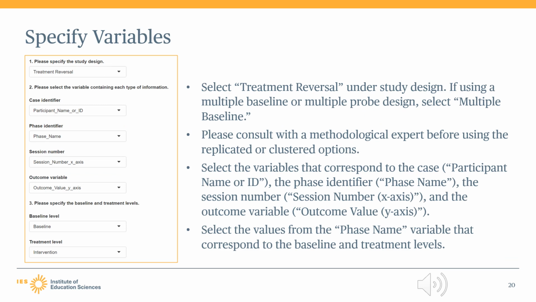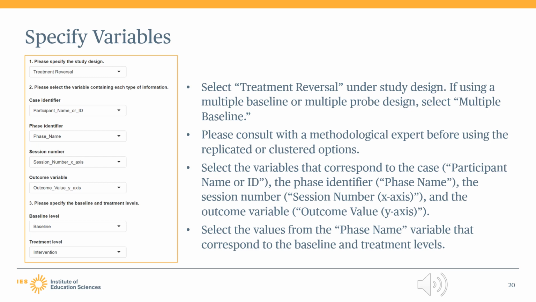Next, within the Load tab to the right of the dialog to upload your data, there are options to specify your variables. Select either treatment reversal or multiple baseline, multiple probe across participants, depending on the design. There may be additional options such as replicated or clustered multiple baseline designs.